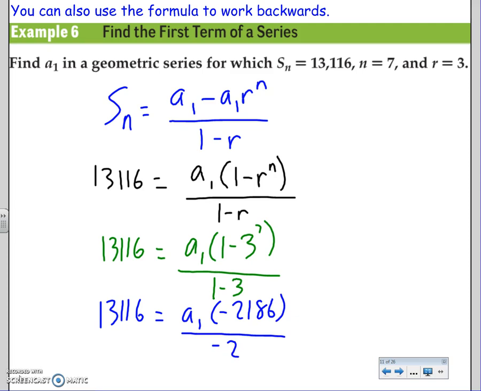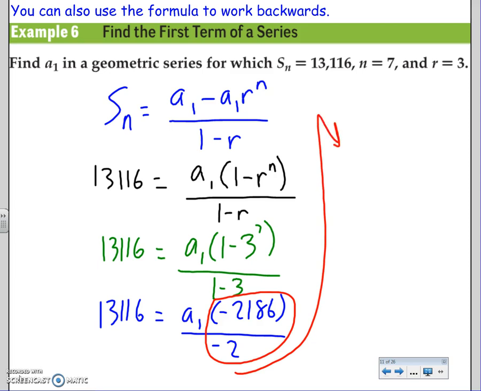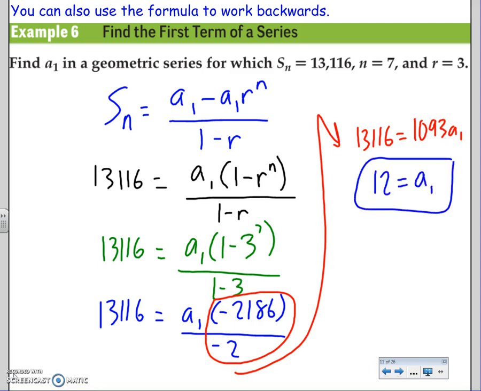I could multiply both sides by negative 2. Or actually, I could just reduce this right here. That simplifies. So we're at 13,116 equals 1093 a1. I divide by 1093. I get 12 equals a1. And we found the first term.